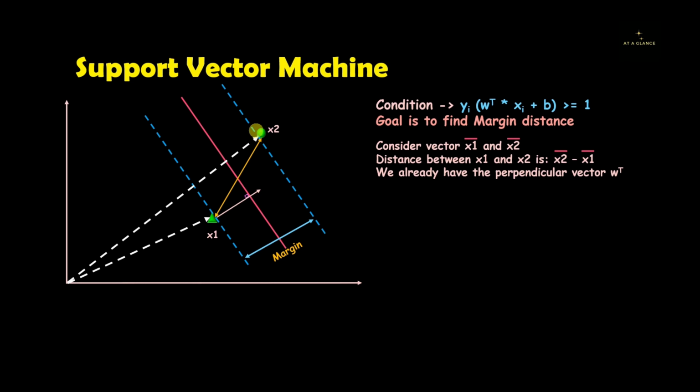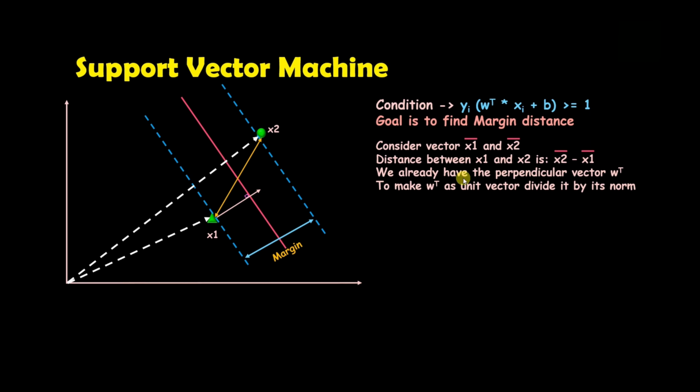Basically if we project the x2 minus x1 distance onto this perpendicular W transpose vector, then we will get the margin distance easily, and this can be done by simply taking the dot product of x2 minus x1 and W transpose. But in this case we cannot take W transpose as it is, we will have to convert it into a unit vector.